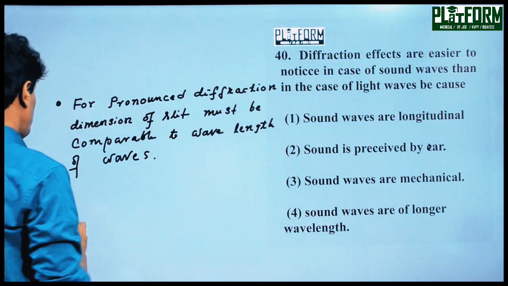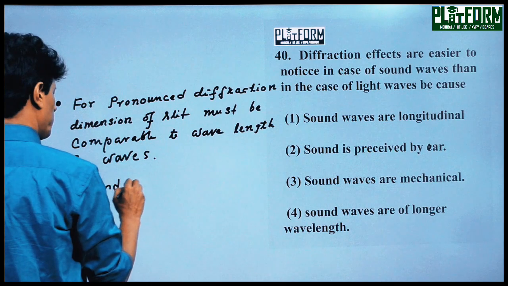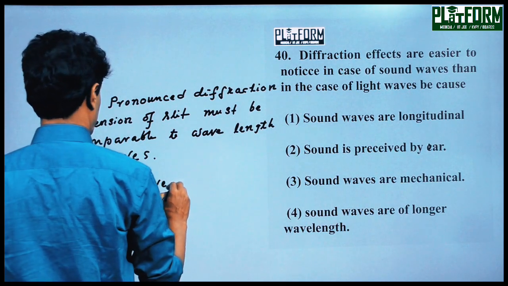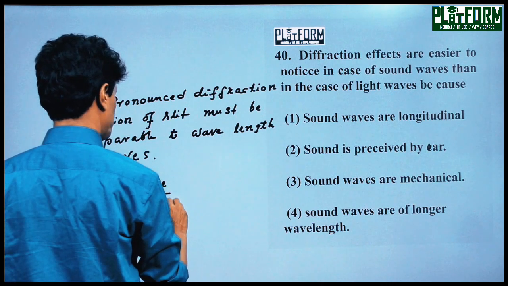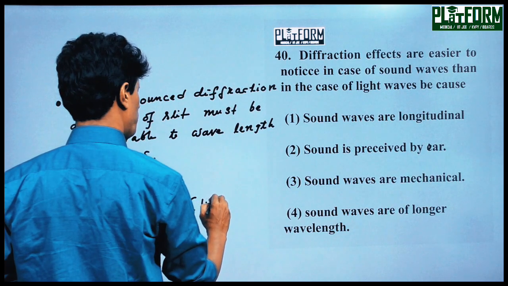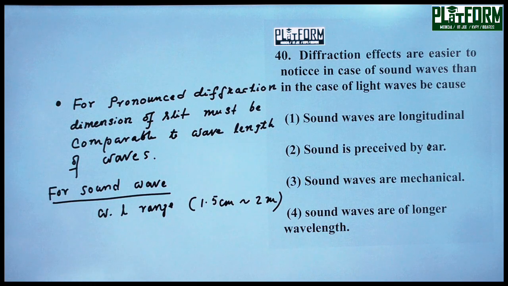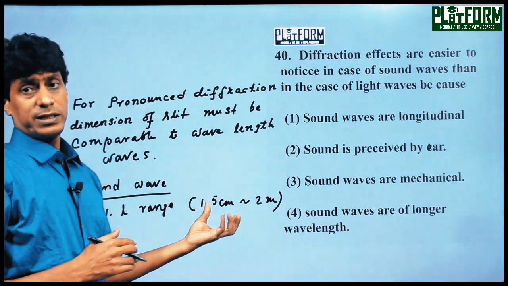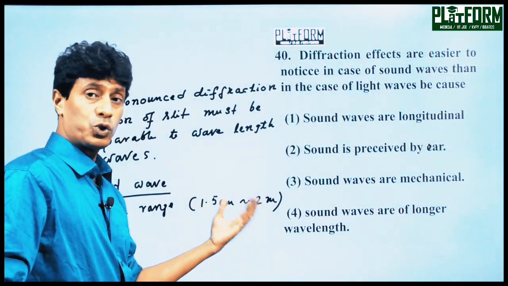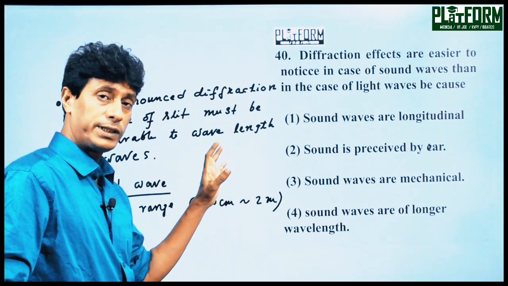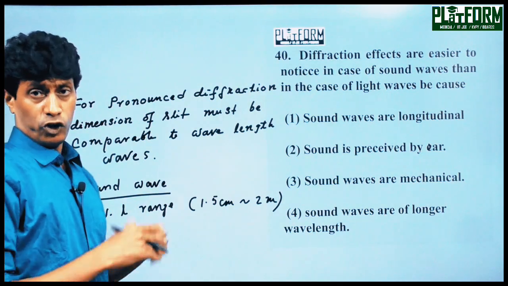For sound waves, the wavelength range is 1.5 centimeter to 2 meter. So this wavelength is comparable to these slits, that is windows, doors, or any types of ventilator. So sound waves can easily diffract through these slits normally in our daily life.